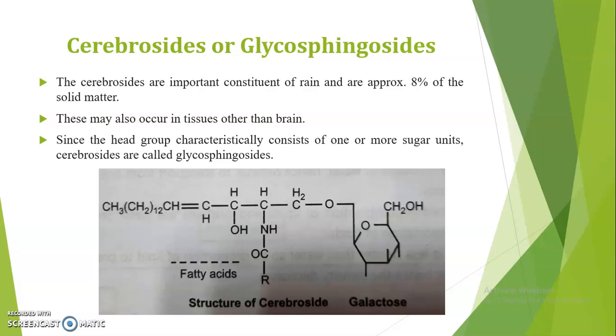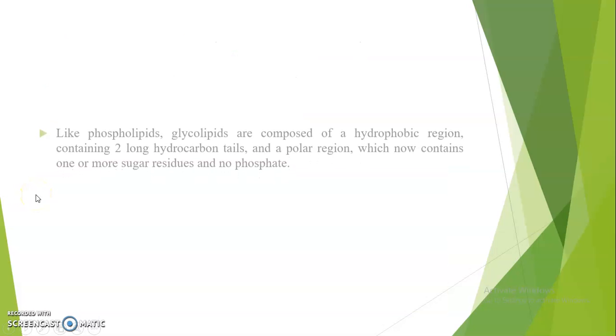Now, this is the common structure of the cerebroside, where you can see the presence of galactose as a sugar moiety, along with a sphingosine molecule and the fatty acid component.